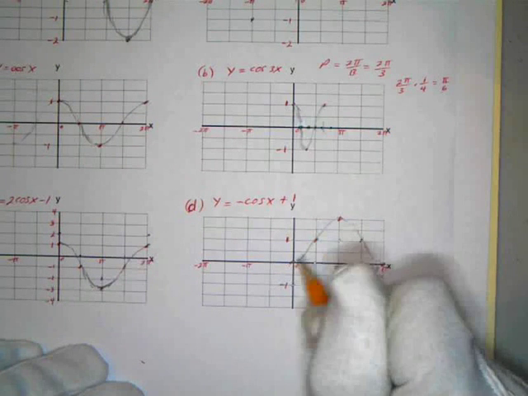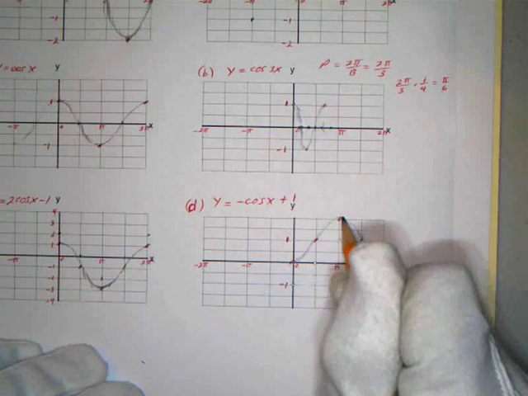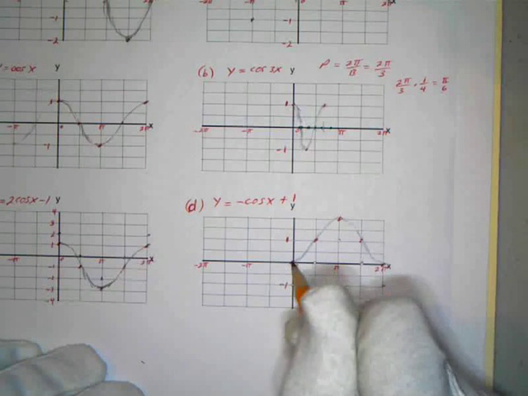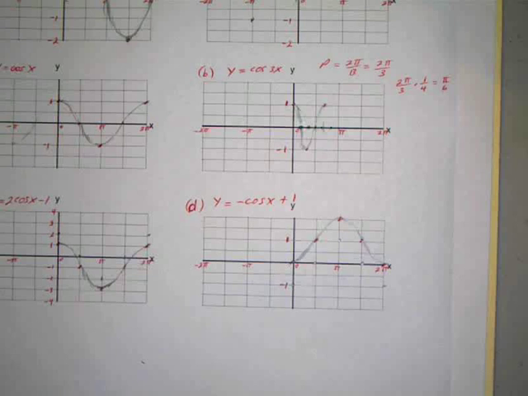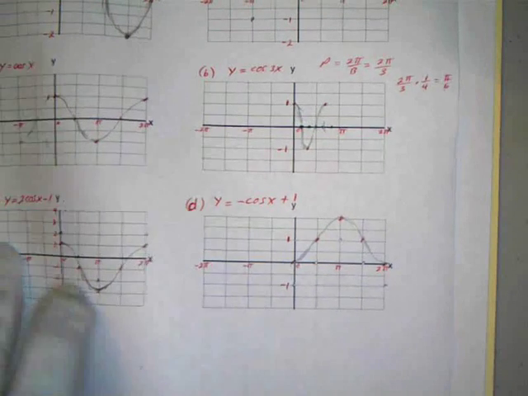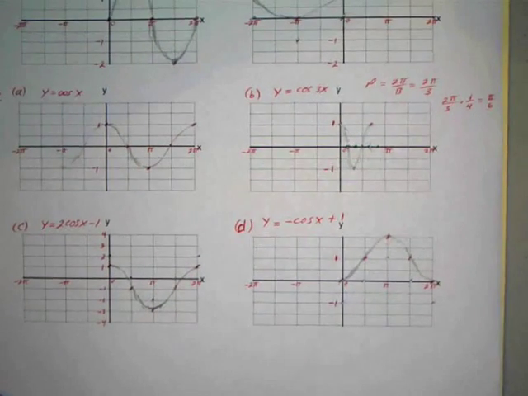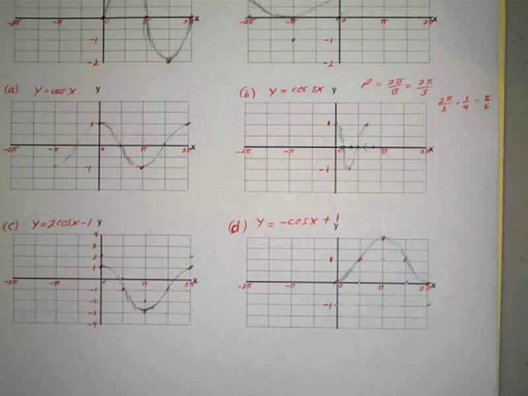And that's what it looks like. So it goes up like that, changes concavity there, and changes concavity there. We'll talk about those later. And that's what it looks like. So it's kind of flipped and then it's shifted up. Okay? So it's a little more complicated. I hope that makes sense. That's what you got.